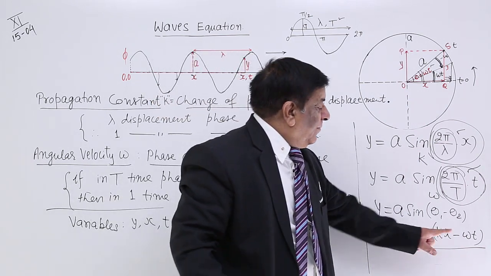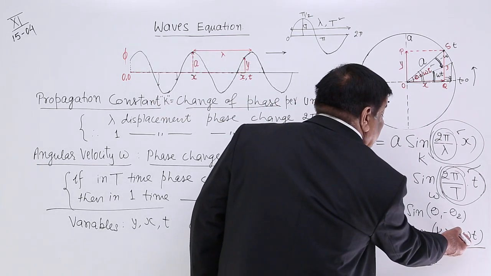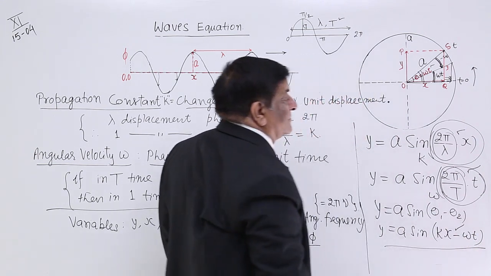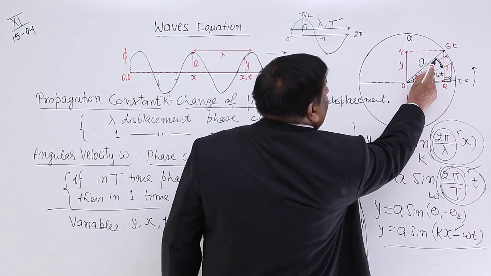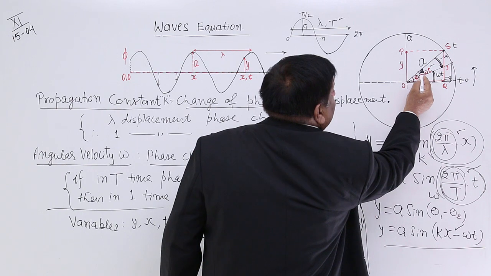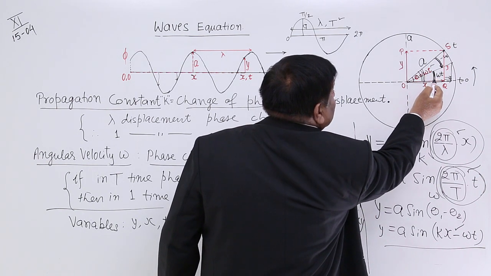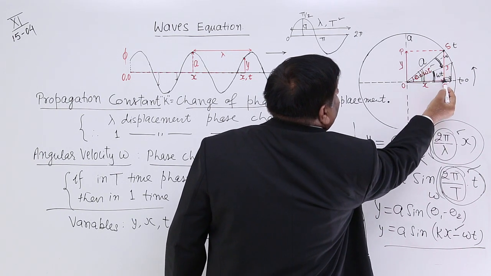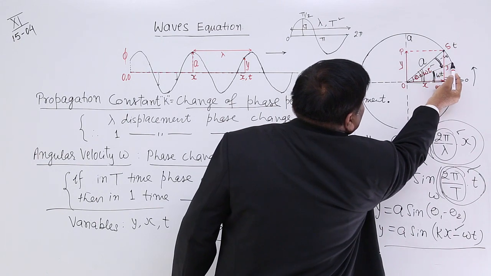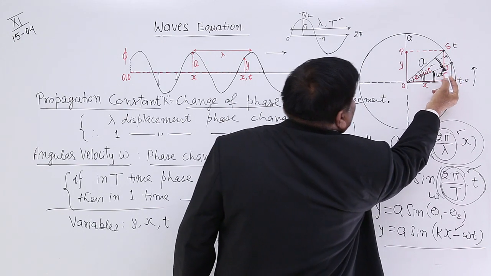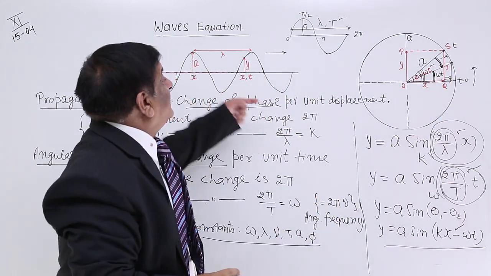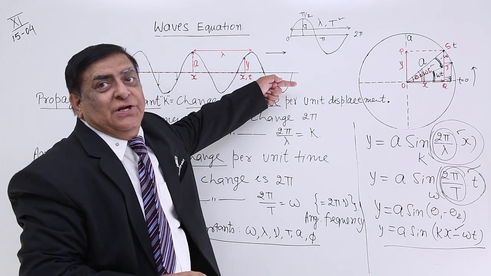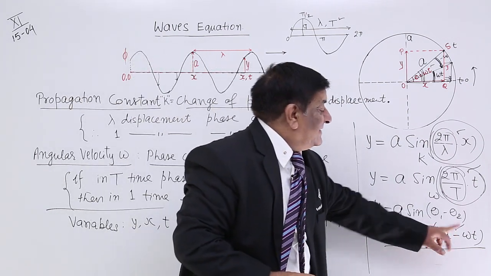If this is the format, then this sign is negative. Why? Because we have to do this total minus this thing, then only we get how much x has increased in this direction. That means if the wave is traveling in positive direction, we will get a minus here.